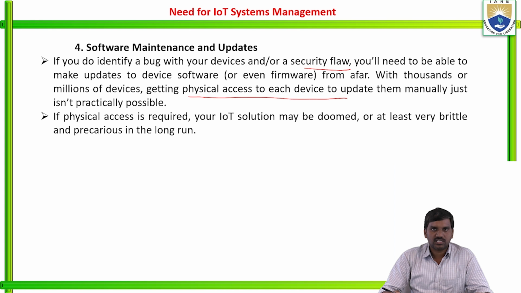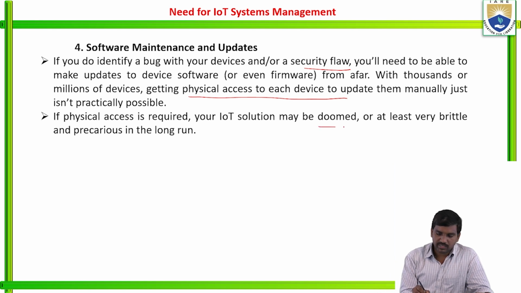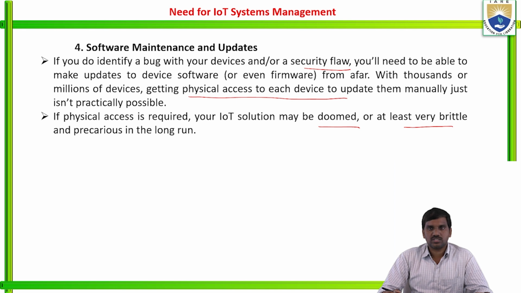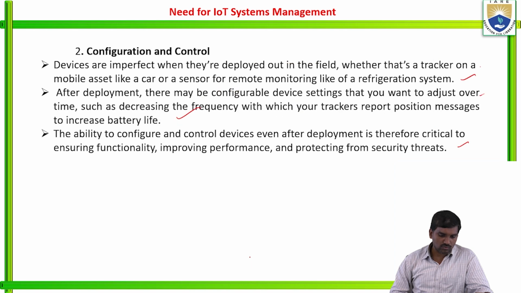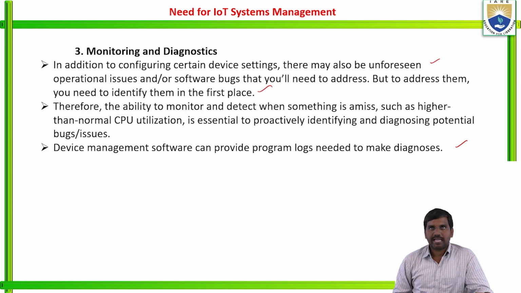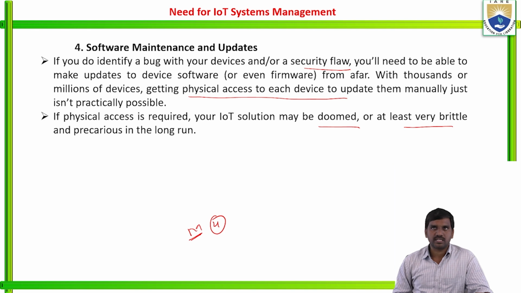If physical access is required, your IoT solution may be doomed, or at least very brittle and precarious in the long run. So these are the four kinds of IoT device management in order to maintain the devices in the IoT network: provisioning and authentication, configuration and control, monitoring and diagnostics, and software maintenance and updates.